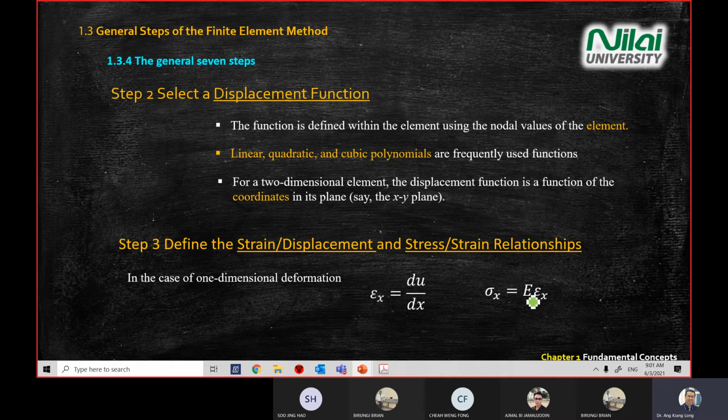Stress and strain are always linked with modulus Young or modulus of elasticity. Stress equal to elasticity constant times the strain. So these two are the important equations that you will see a lot of times in this module. So the next equation you see is the stress-strain displacement equation, which is given by this one. Stress-strain relationship given by this one.